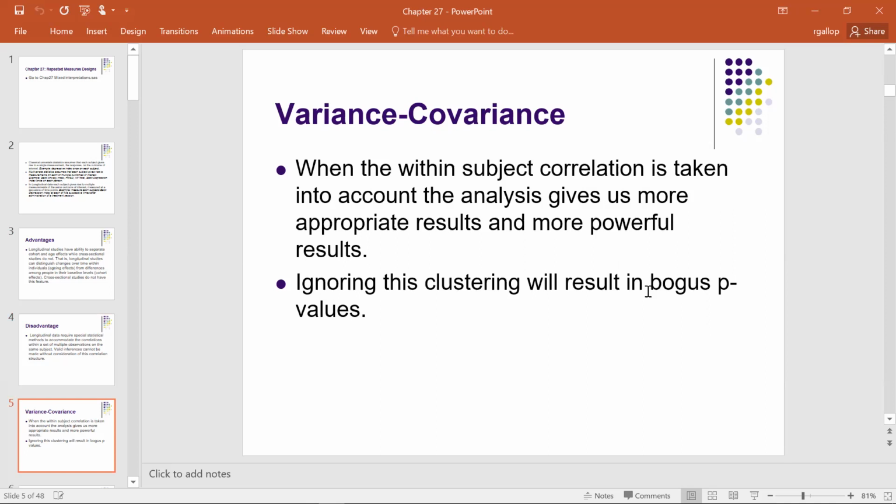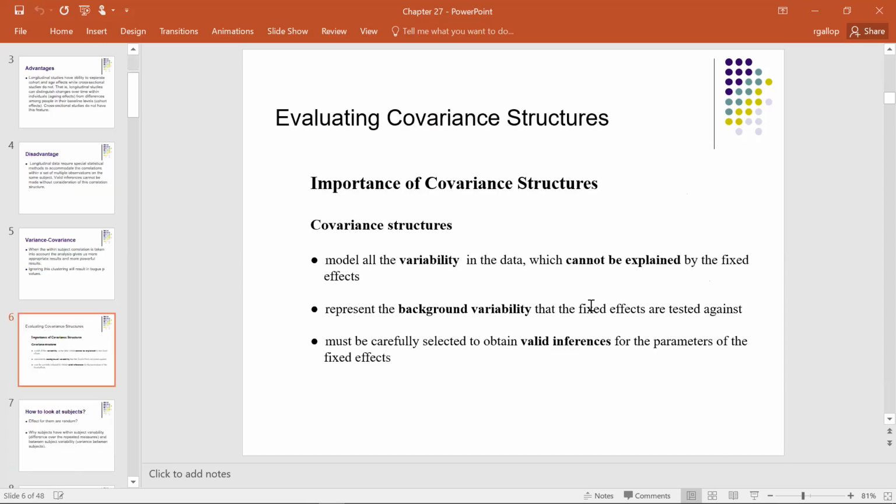Our job is to model the data, not throw the data in the model. If you throw the data into a model that does not take into account the clustering, then every p-value you derive is flawed. They're worthless. Because again, our job is to model the data, not throw the data into a model.